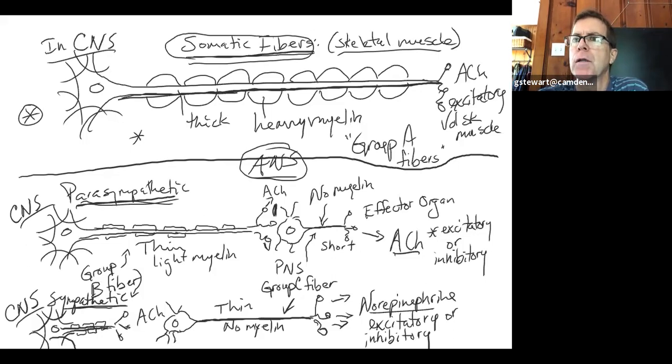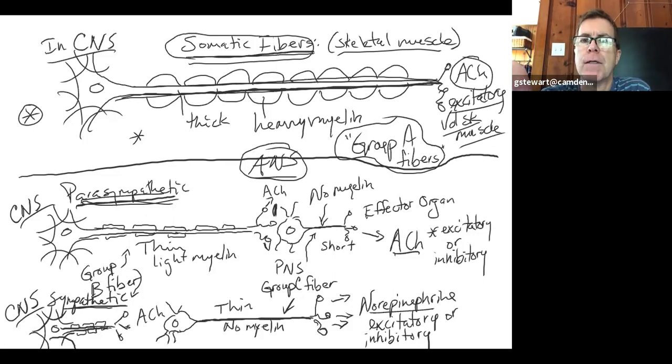This is one neuron, thick axon, heavily myelinated, always acetylcholine, always excitatory, always to voluntary skeletal muscle. Group A fibers just because they're super fast. Parasympathetic originate in the central nervous system, relatively long, kind of thin fiber at the preganglionic fiber.